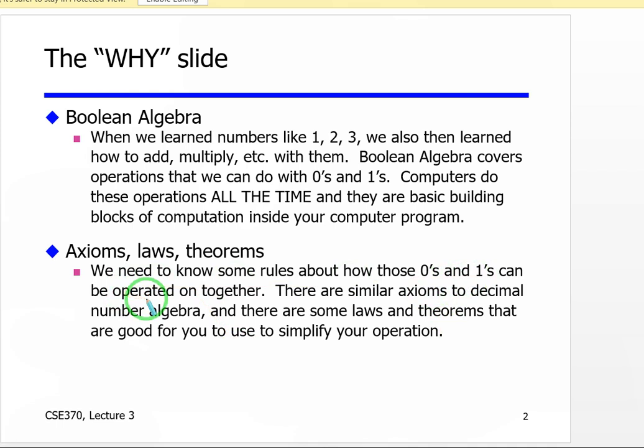They are similar to the axioms of decimal number algebra, and there are some laws and theorems that are good to use to simplify your operation.